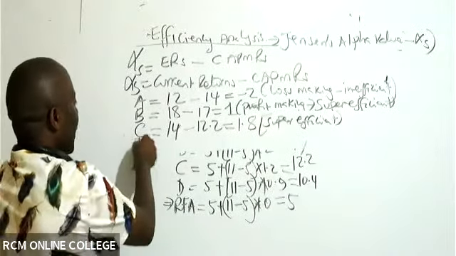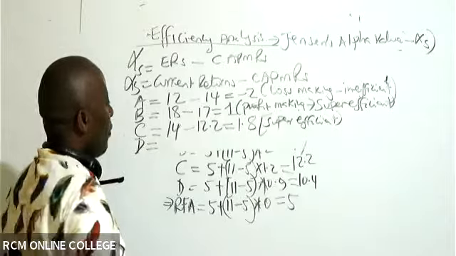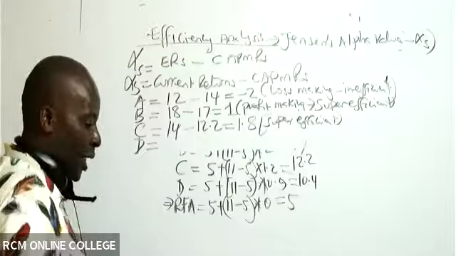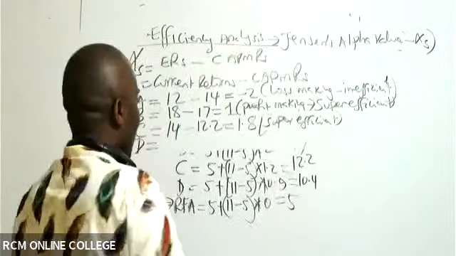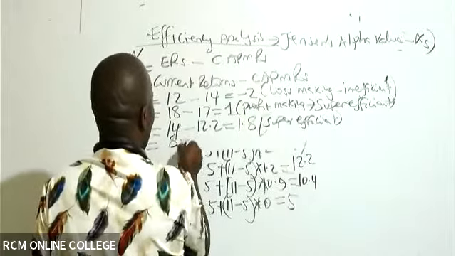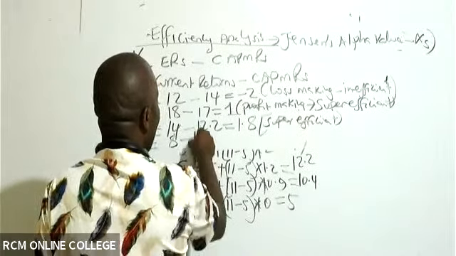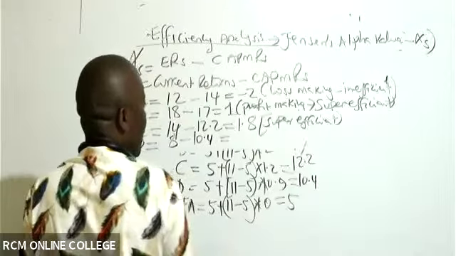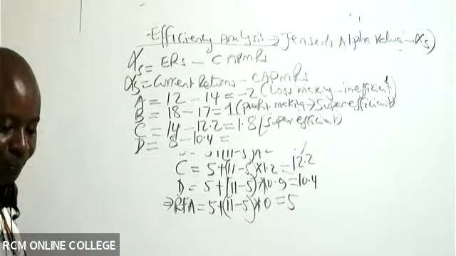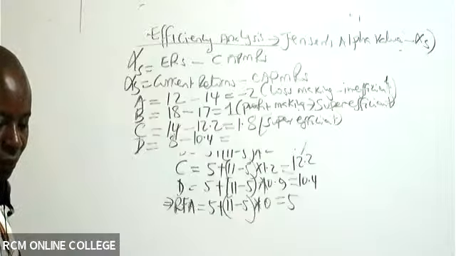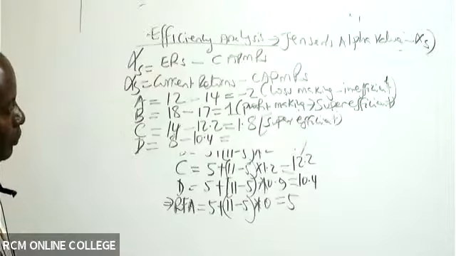And then we have D, ladies and gentlemen. What do we have here for D? I will take the current returns of dog, we have 8. So 8 minus 10.4. This is inefficient. 8 minus 10.4 will give me what here, somebody?